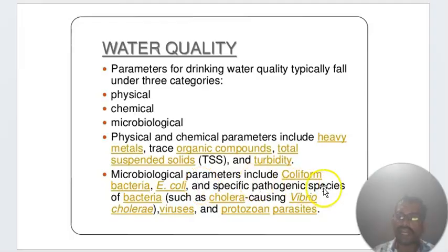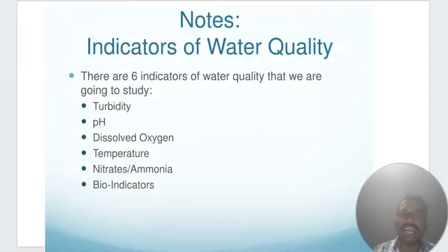Microbiological parameters include coliform bacteria, E. coli, and specific pathogenic species such as Vibrio cholerae, as well as viruses, protozoa and parasites. We need to understand water quality through these three major categories: physical, chemical and biological.